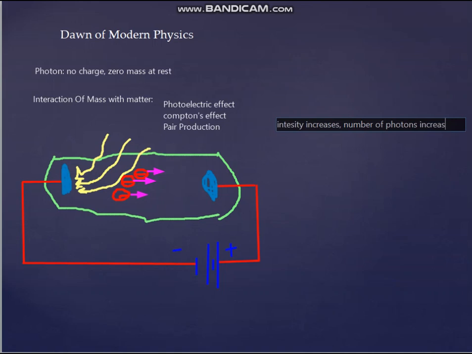Not photons, but photoelectrons, I'm sorry. We can also write it as: number of photoelectrons is directly proportional to the intensity of light, or photoelectric current is directly proportional to the intensity.